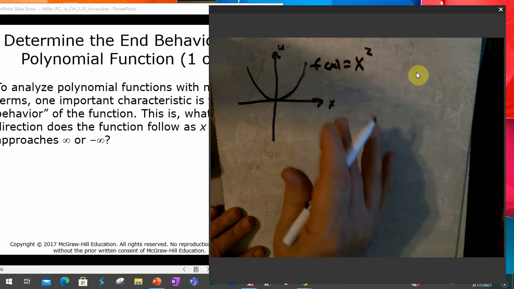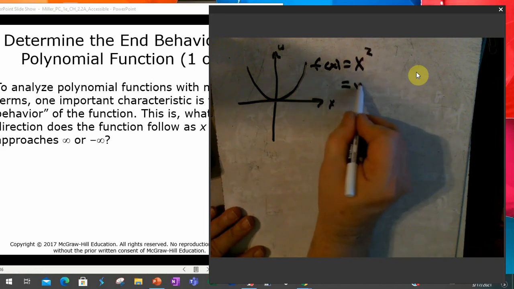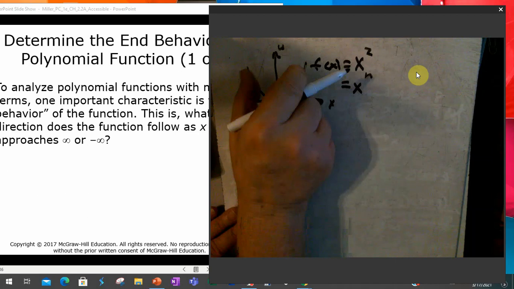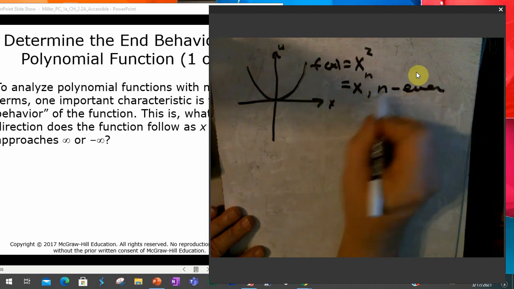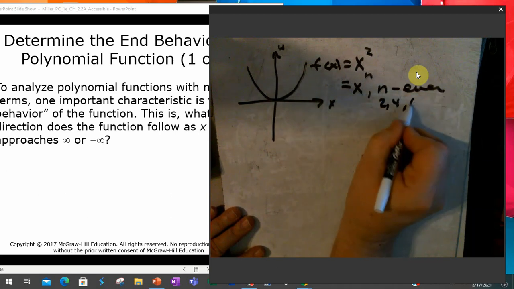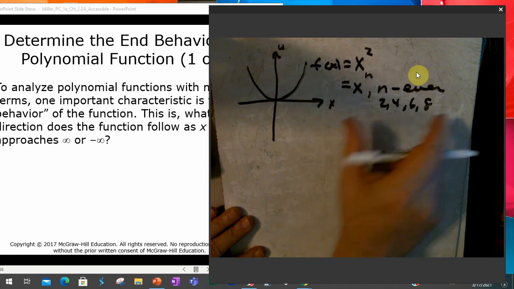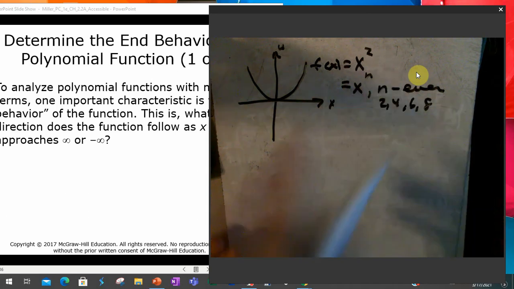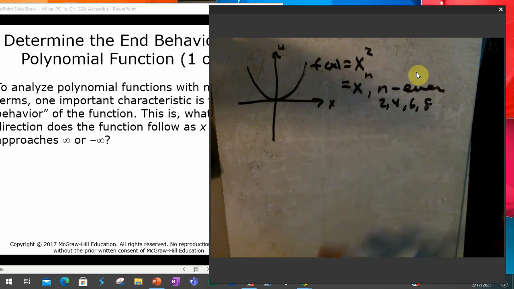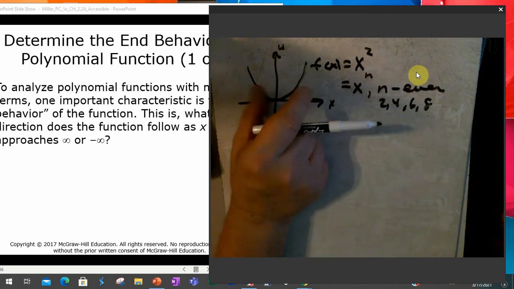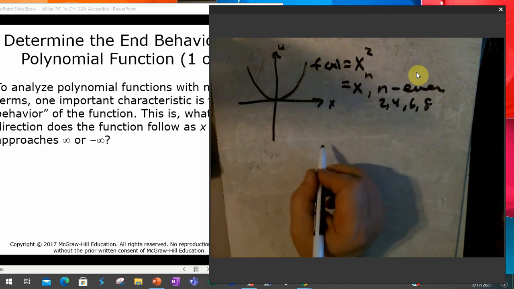I've been emphasizing that this applies to all of the powers, for n even: 2, 4, 6, 8. So x to the fourth is a fourth degree, then a sixth degree polynomial, an eighth degree polynomial. They're always going to look like this, and this is the end behavior.